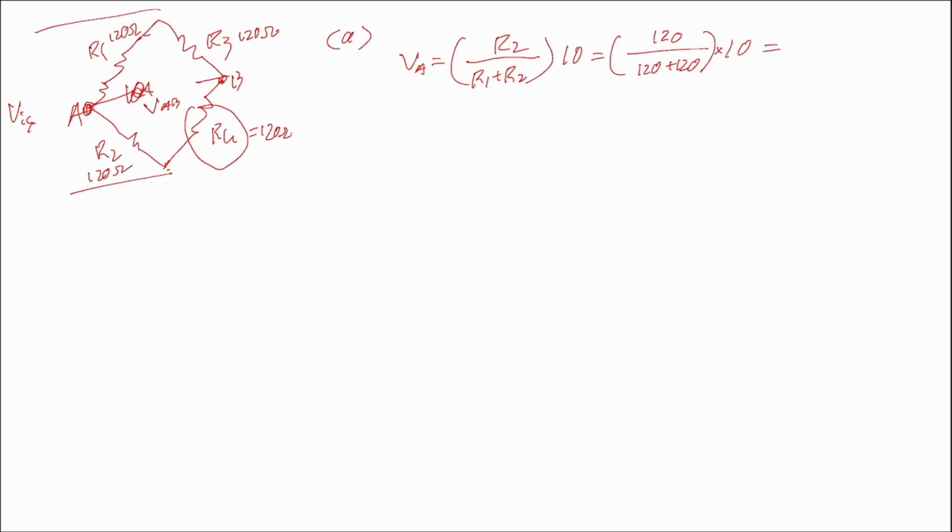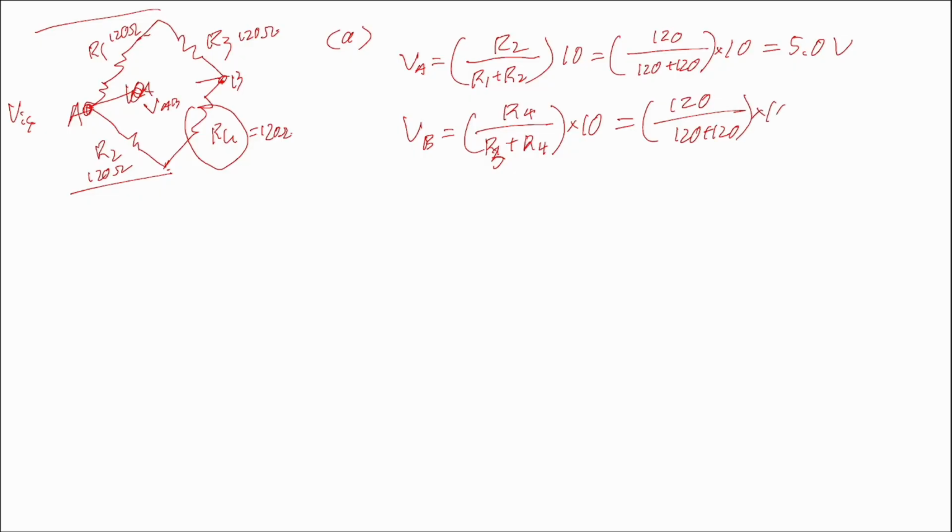So you will get 5.0 volt. Same as V_B, which is R4 over R3 plus R4 times 10. So that's 120 over 120 plus 120 times 10, and equal to 5.0 volt.